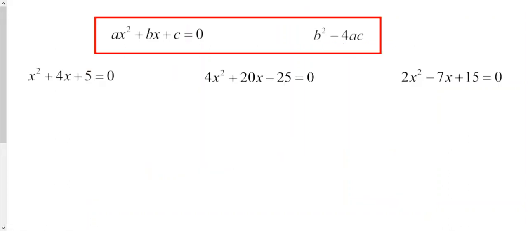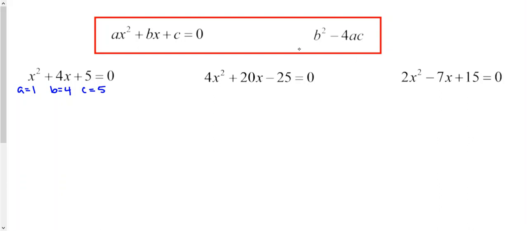Now looking at the examples, I have my quadratic, and I'm not solving, I'm just trying to figure out the number and the type of solutions. So I'm trying to figure out my discriminant. Again, all I care about is the b squared minus 4ac. Looking at my first example, a is equal to 1, b is equal to 4, c is equal to 5.